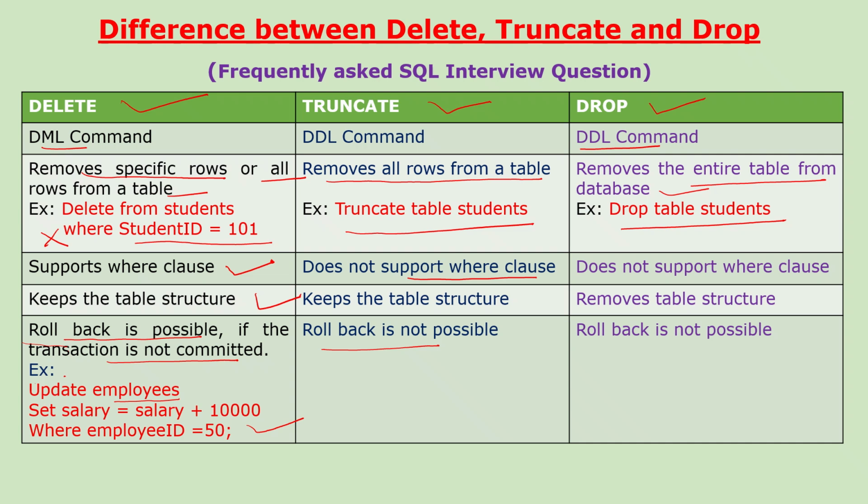The drop command does not support the where clause, like the truncate command, and it removes the table structure also. Compared to this, the truncate command keeps the table structure and the delete command also keeps the table structure. But the drop command removes the table structure in addition to the data. So that means the entire table is deleted from the database.